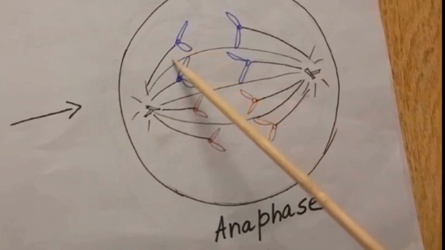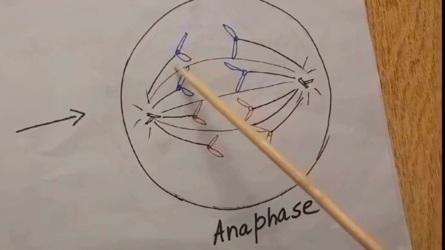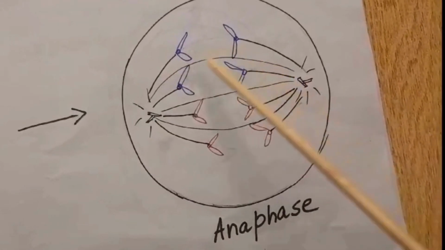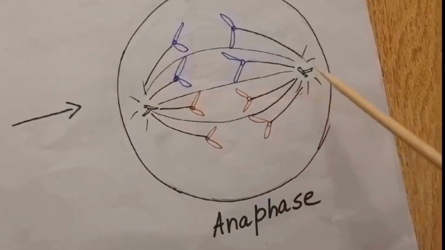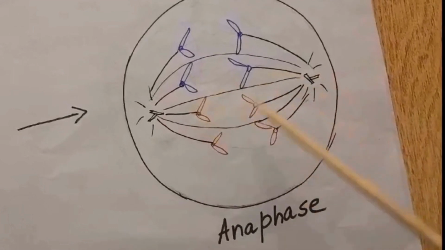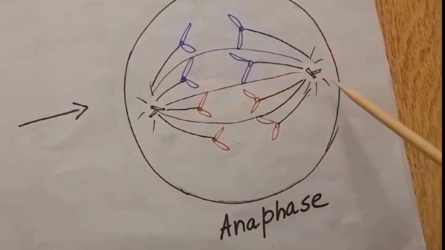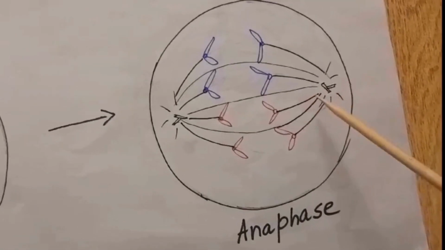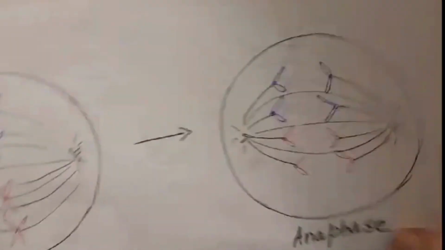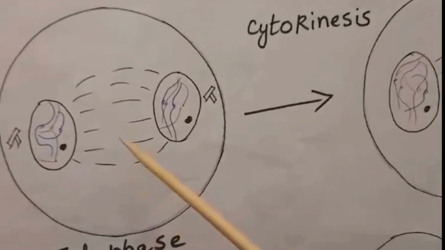The spindle fibers shorten and contract and move the chromatids towards the opposite poles of the spindle. When the chromosomes reach the opposite poles, then the anaphase finishes and the next phase starts, which is called telophase.